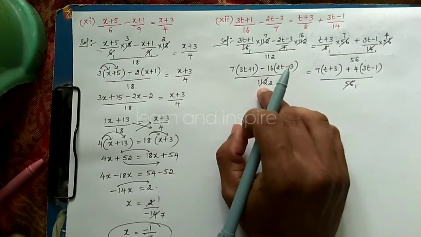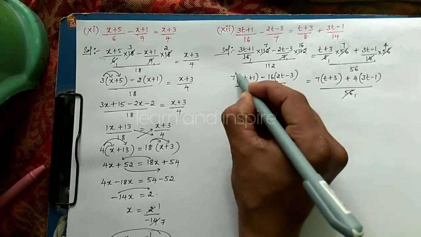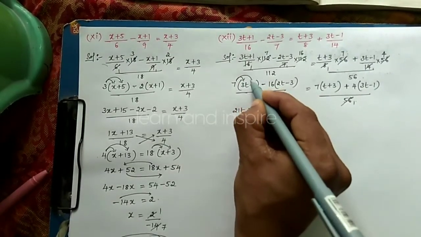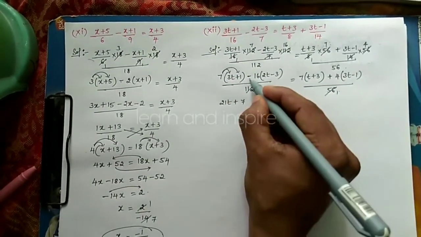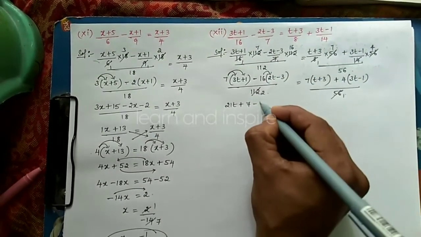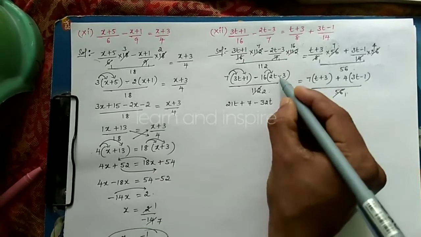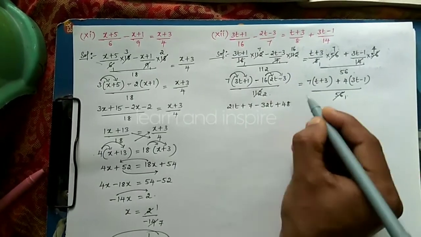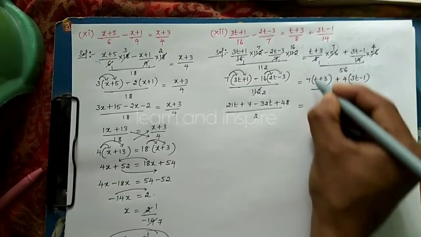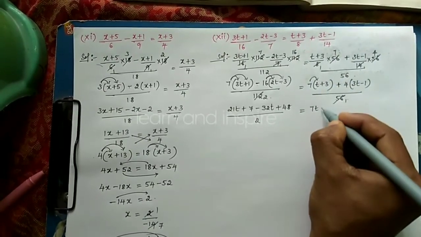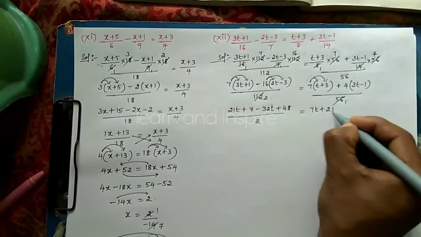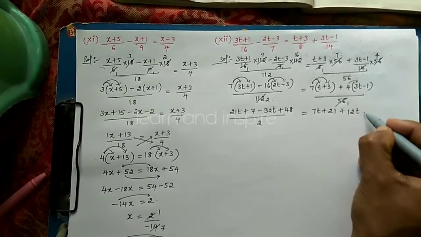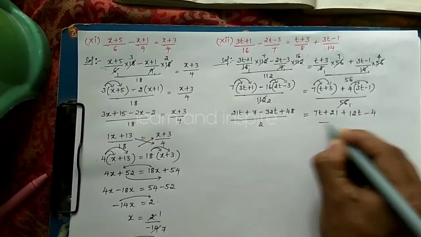Now multiplying, 7 into t is 7t, 7 threes are 21t plus 7 ones are 7, minus 16 twos are 32t, minus into minus plus 16 threes are 48, divided by 2, equals to 7 into t is 7t plus 7 threes are 21 plus 4 threes are 12t minus 4 ones are 4, by 1.